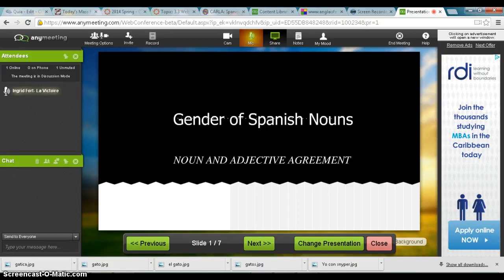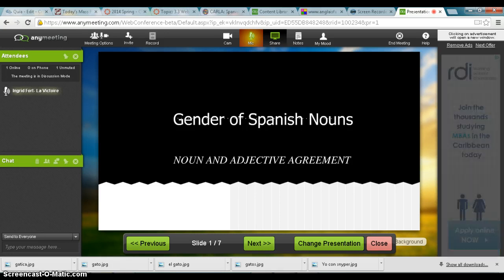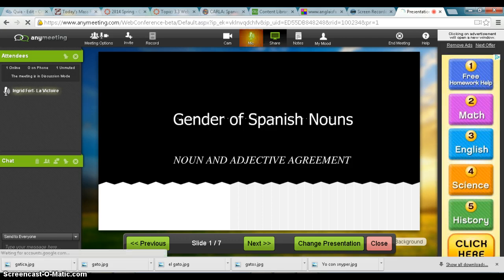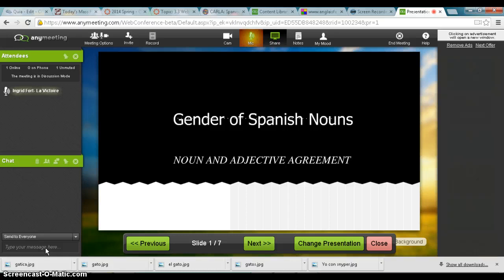First I need to instruct you how we are going to communicate during this session. As you can see, there is a chat box here where you may write your questions. If you prefer to use the microphone, you may do so too.